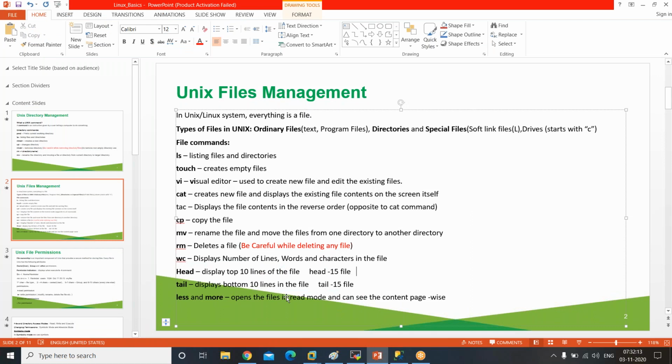They are almost the same, except for one additional thing. With more and less, if you hit space or enter, it will load the data page by page, as many lines as fit into your screen. With less, you have one advantage: the upward and downward arrows load line by line also. That is an extra addition with less. So less is a more advanced command than more.